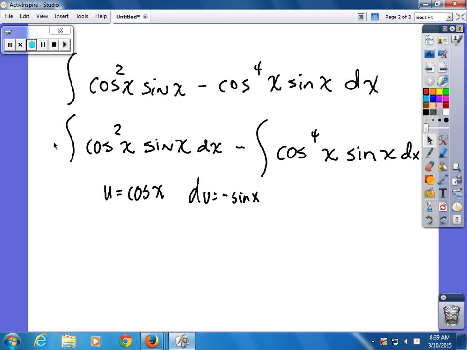It's going to put a negative, and it's going to make this a what? Positive. And then you'll have negative antiderivative of u squared du plus antiderivative of u to the fourth du.